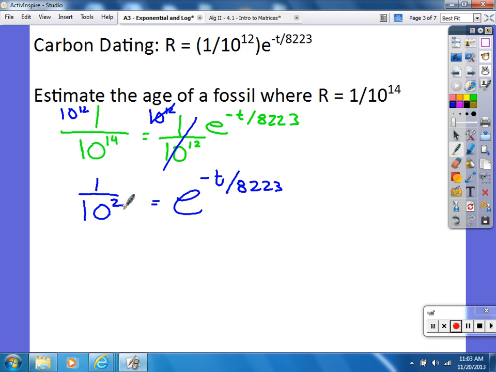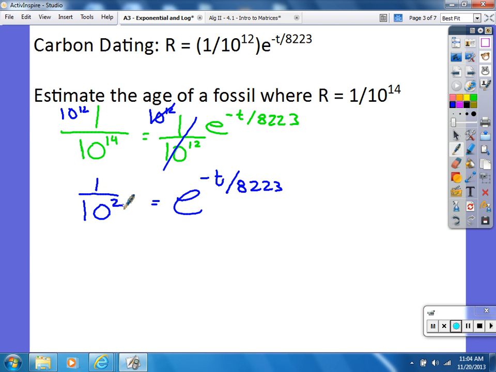A natural log. It's base e, so I need the natural log. Go ahead and change that to natural log. Change that to natural log. I change it to natural log because the base is e. Could I change it to log? That would be fine also.